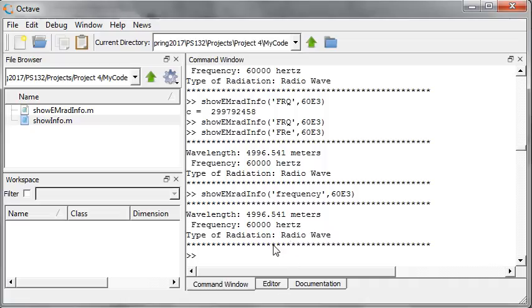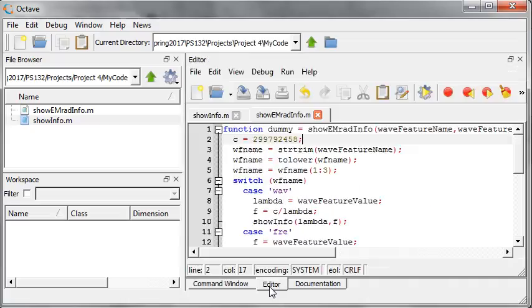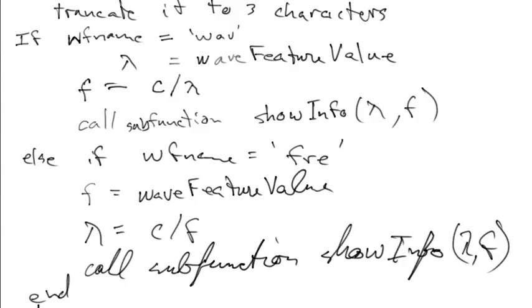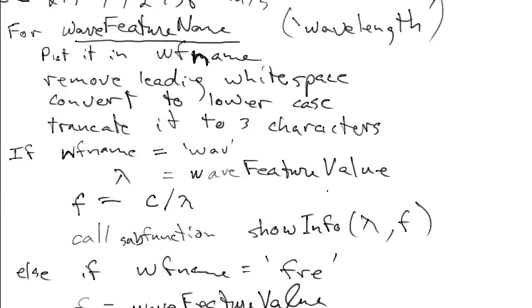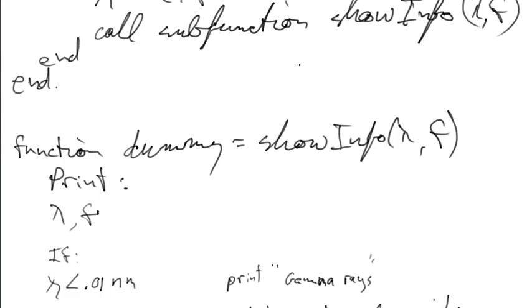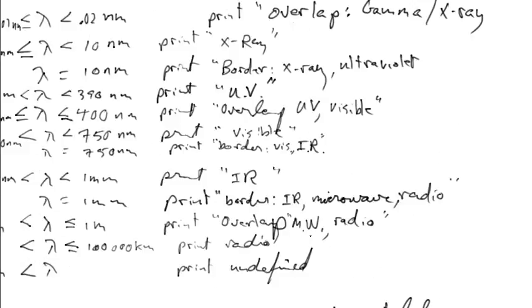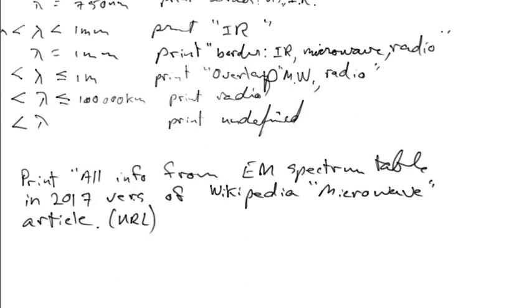But I was supposed to put something in about where I got this stuff. So let's look to see. I think I must put that in here: print all info from the electromagnetic spectrum table in the 2017 version of the Wikipedia microwave article.